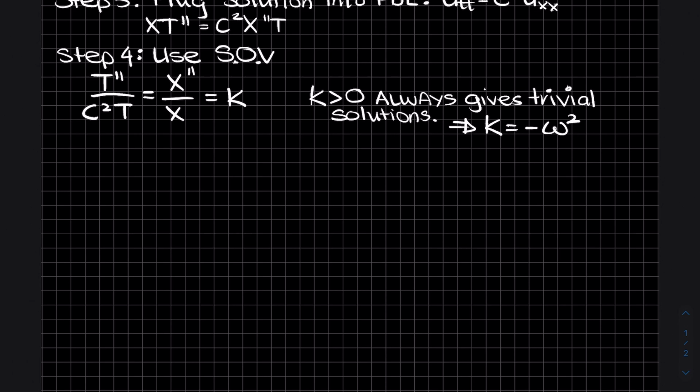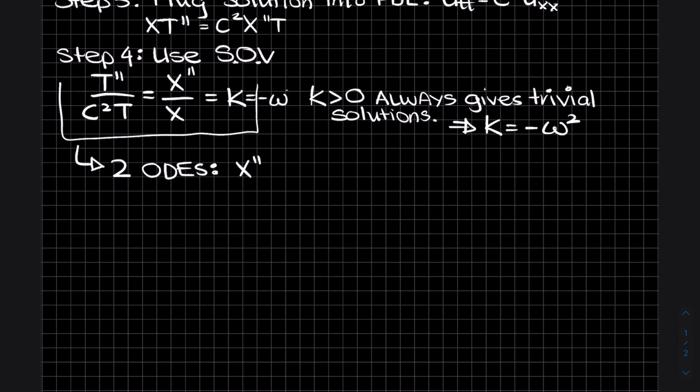So separation of variables. This equation here is going to give us 2 ODEs, ordinary differential equations. It's going to give us x double prime. Remember, this is equal to minus lambda squared, so I'm just going to talk about lambda from now on.